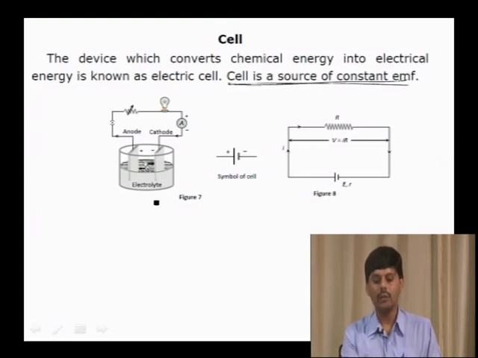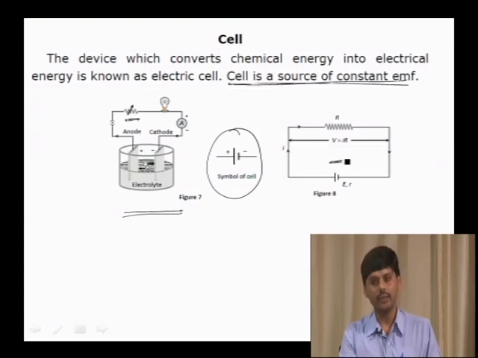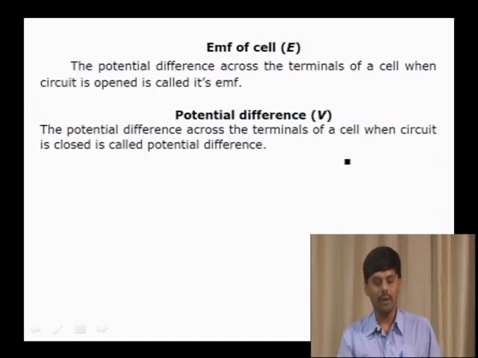Here is a picture of the symbol of the cell, which consists of electrodes. One is the positive electrode and the other is the negative electrode, connected to the external resistance R. This is the circuit symbol of the cell, and this is the diagram for the derivation. See, what is EMF? The potential difference across the terminals of the cell when the circuit is open.